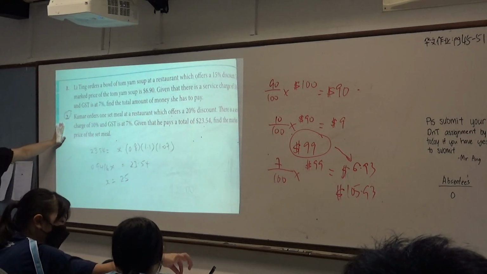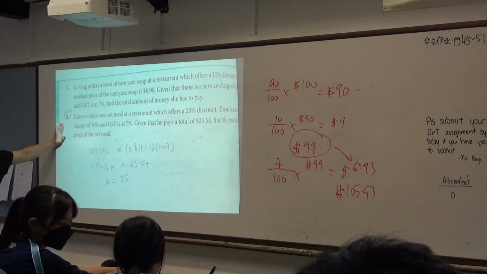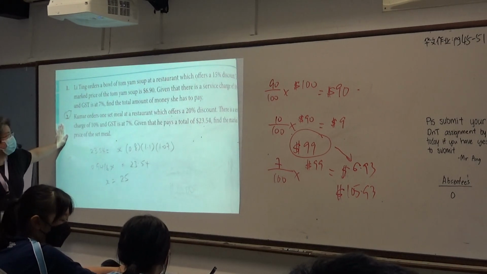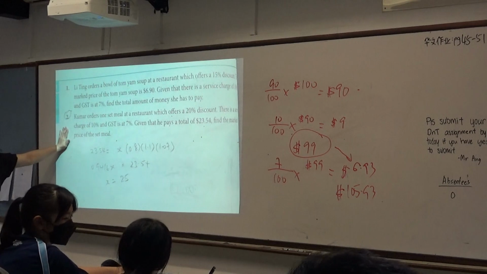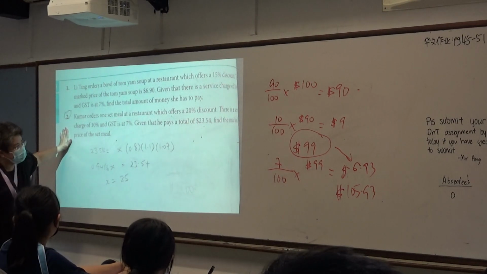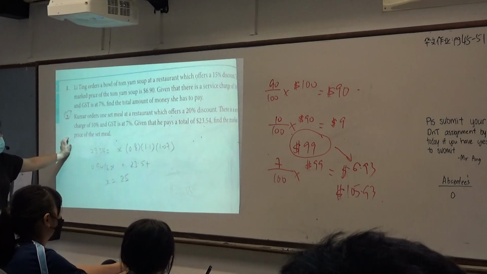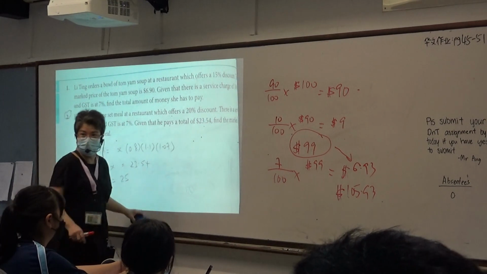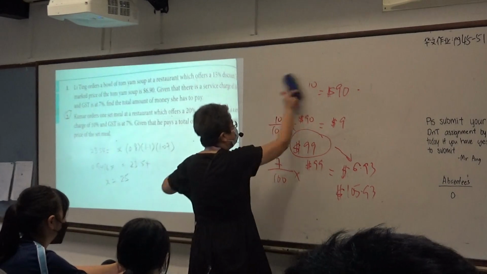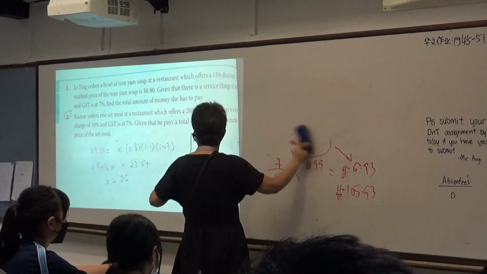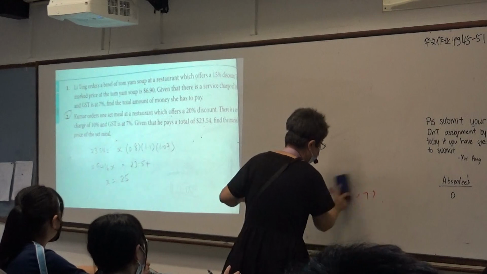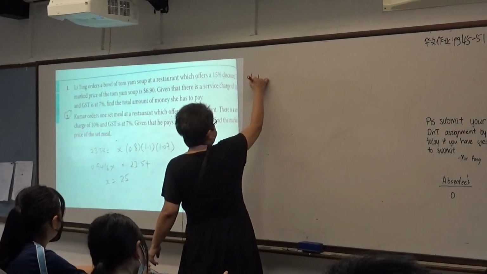Kumar orders one set at a restaurant which offers a 20% discount. There is a service charge of 10% and the GST at 7%. Given that he pays a total of $23.54, find the mark price of the set lunch or the set meal. Okay? Now I want everybody to write this down below. Practice now 21 question 2. Can you all do that?